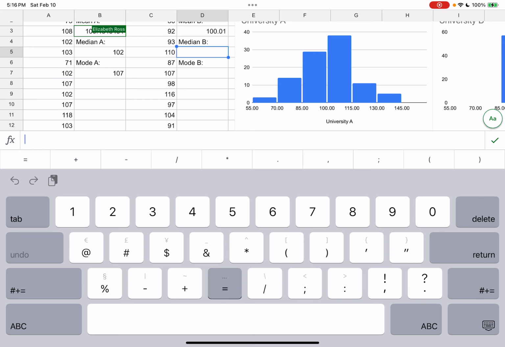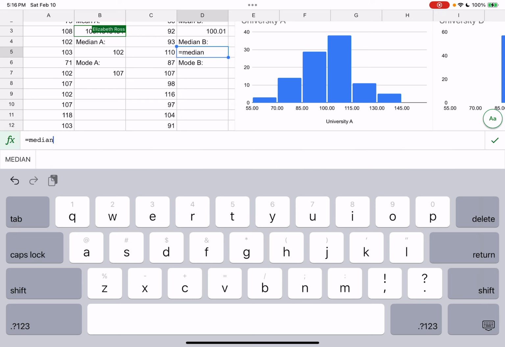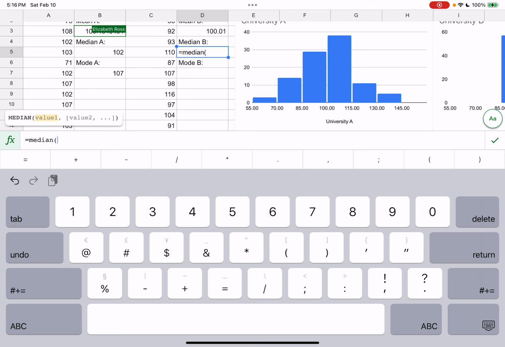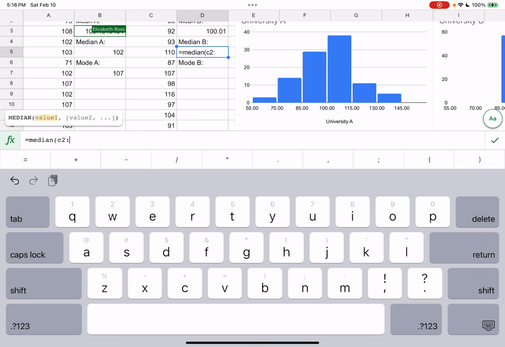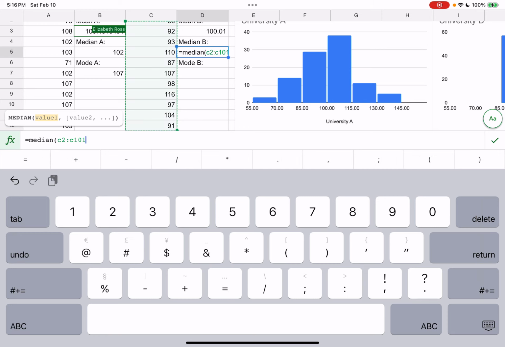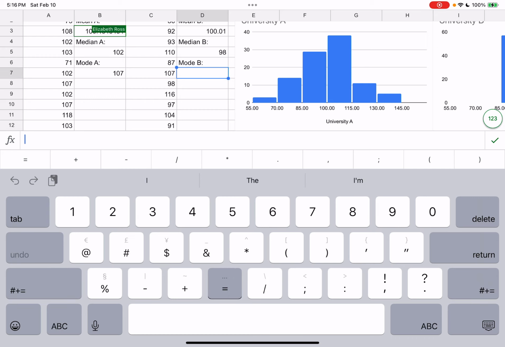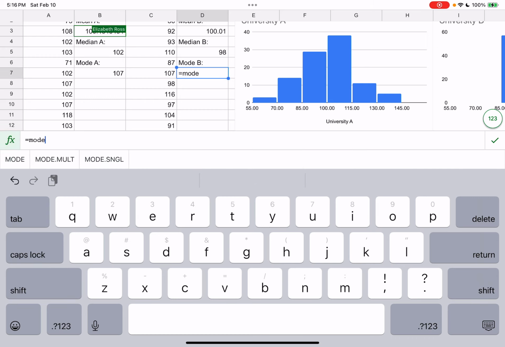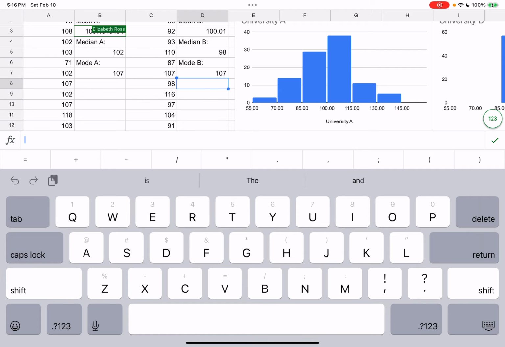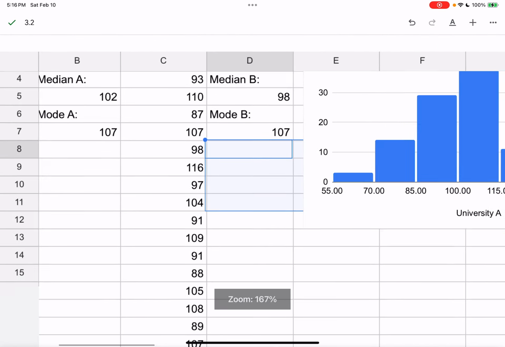Median equals median, parentheses, C2 to C101, enter, and then mode equals mode, enter. So this will calculate all of those for us.